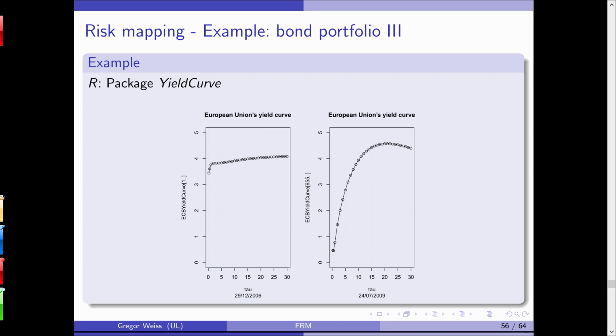You can see the estimations, for example, in 2006 and 2009 with some nowadays very high interest rates. You have interest rates back then of almost 4 or 5% when it comes to a maturity of 30 years. But you can see, again, even the difference between 2006 and 2009, you can see the difference in yield curves.